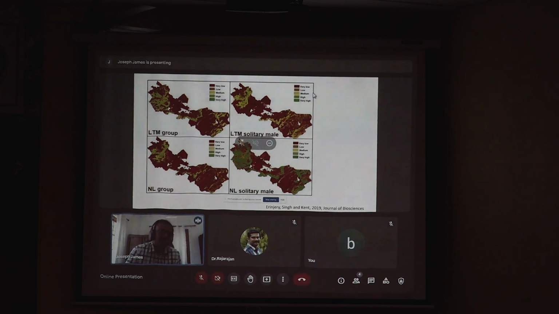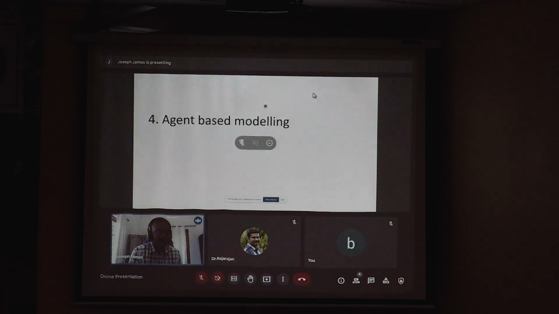So the habitat suitability of solitary males would probably affect the dispersal of males between different forest fragments, and this could have a huge implication on conservation and management of these animal species.